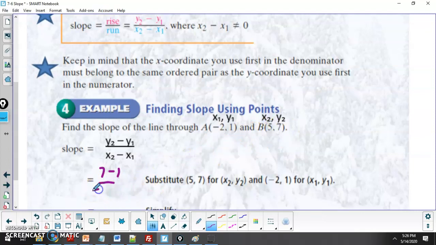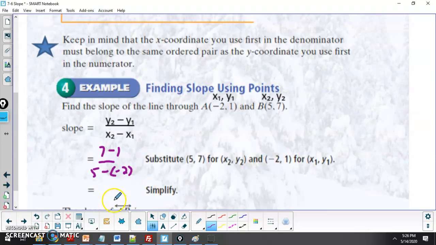So we'd have 5 minus -2. Now, if you remember, if we subtract a negative number, we're actually adding. Anytime you are subtracting a negative, you are adding. So you can just change the bottom into 5 plus 2. So you really have 6 over 7 for your slope.